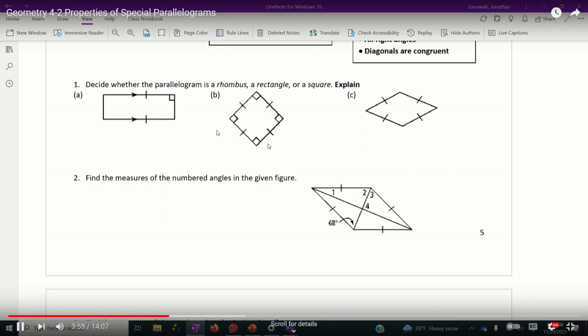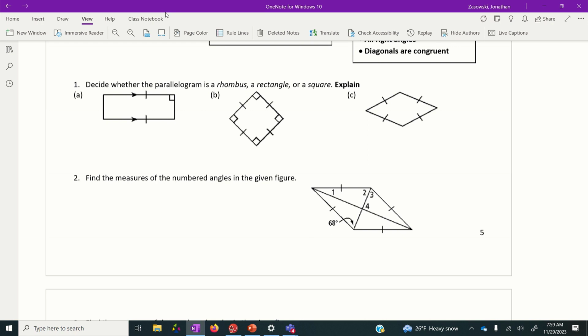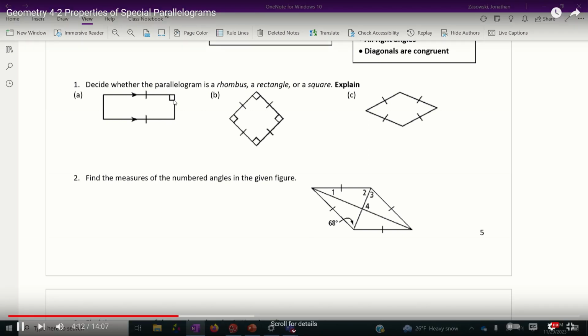Now for 1A, what we're going to do is determine what type of shape it is. When you look at it, you can see that it has two sets of sides parallel and congruent, so you should be able to name the shape based off this additional marking of a right angle.